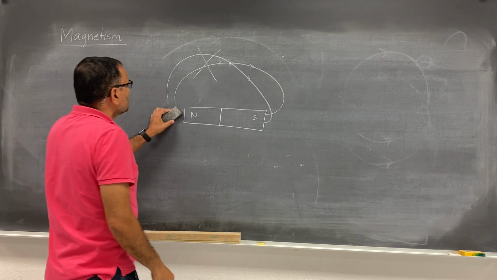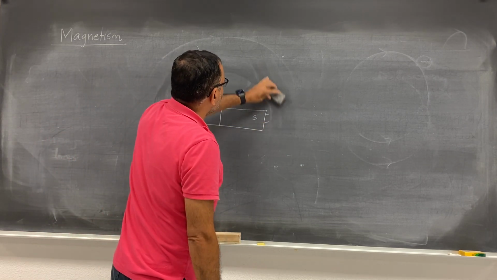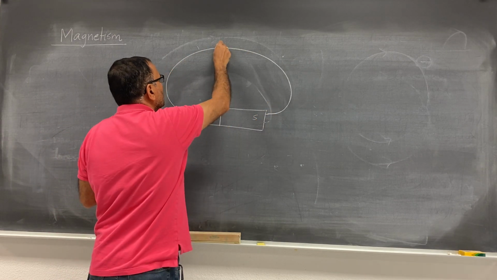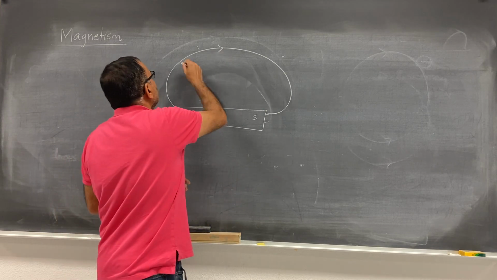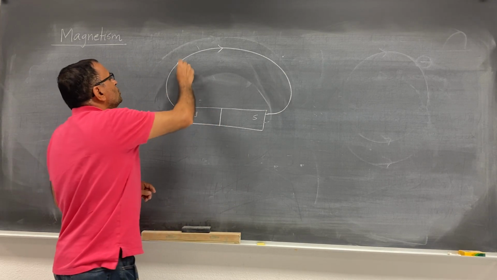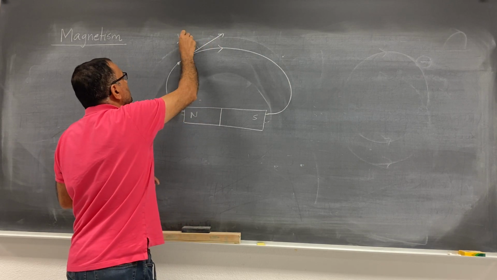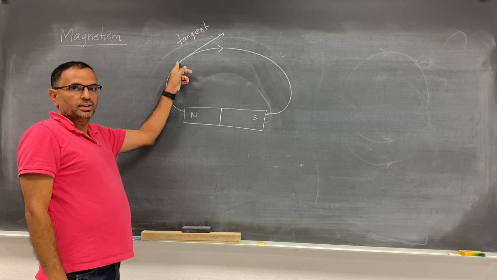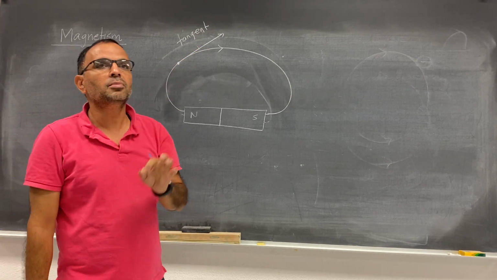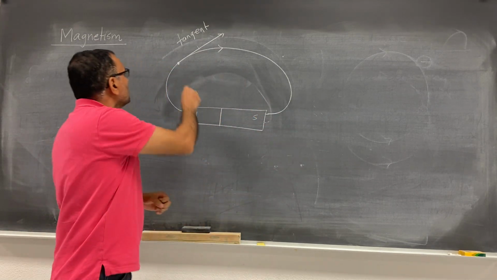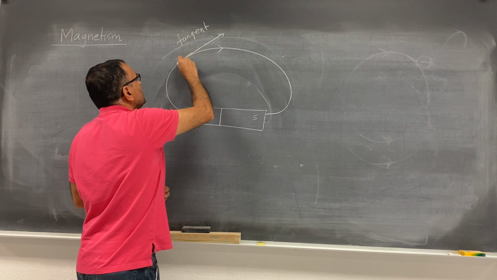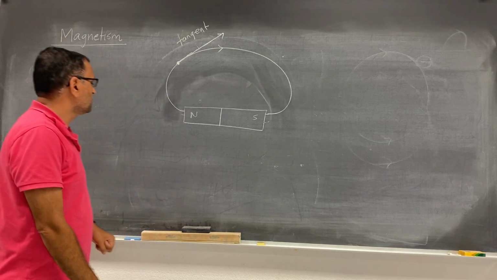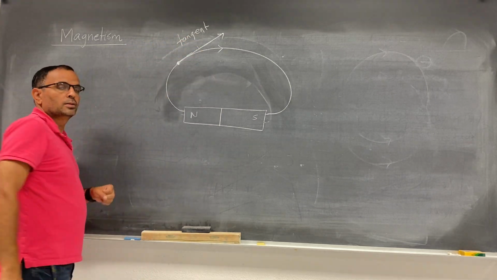Why? Because if you draw a magnetic line of force like this, and at this point right here you draw the tangent line, this tangent line gives you the magnetic field at that point.